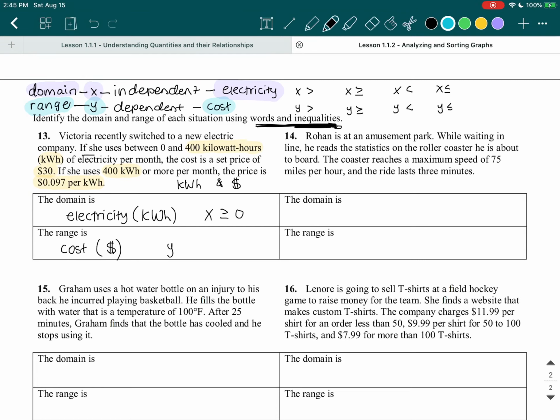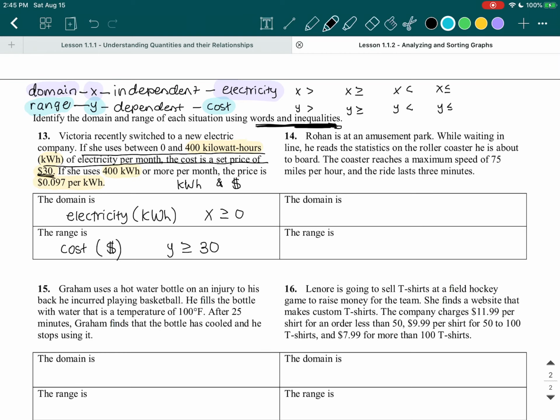Let's read the situation again. If she uses between 0 and 400 kilowatt hours of electricity per month, the cost is a set price of $30. She has to spend $30. Y is greater than or equal to 30. Okay, so this company is not going to let her spend less than $30. So that's why y has to be greater than or equal to 30.